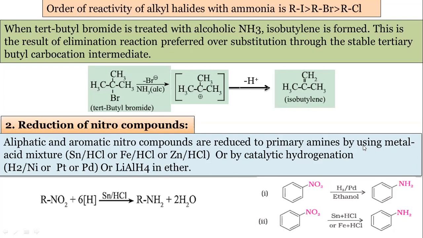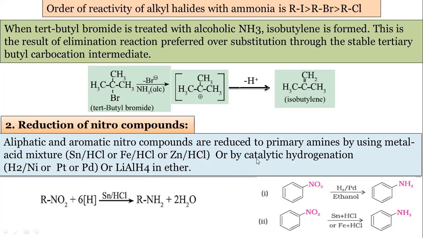And the reduction reaction can be done by using these reducing agents. First one is a metal and acid mixture: Sn and HCl, or Fe and HCl, or Zn and HCl. So all these are metals with acid, or it is reduced by catalytic hydrogenation.